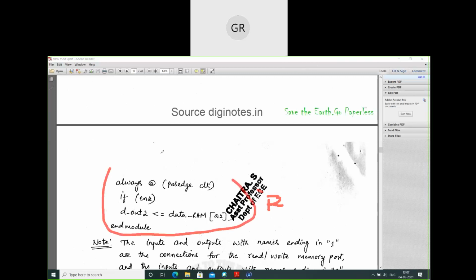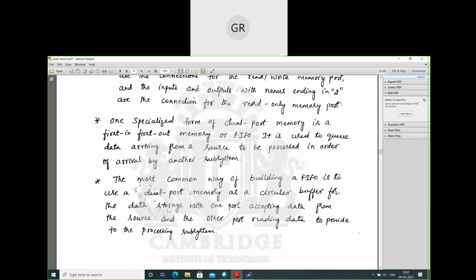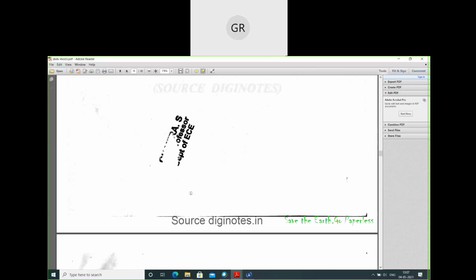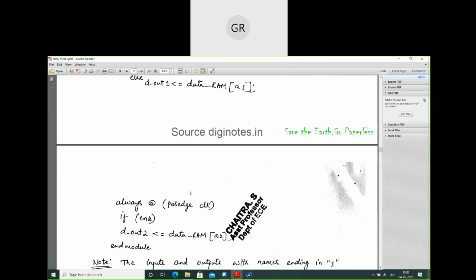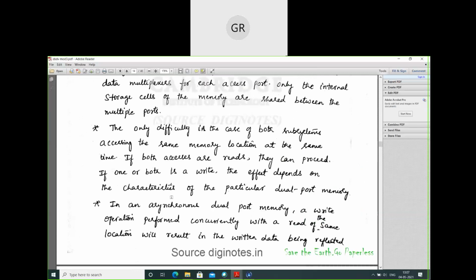This is for the read operation, and this is for the write operation, write and read both. This is about multi-port memories, which have multiple ports.